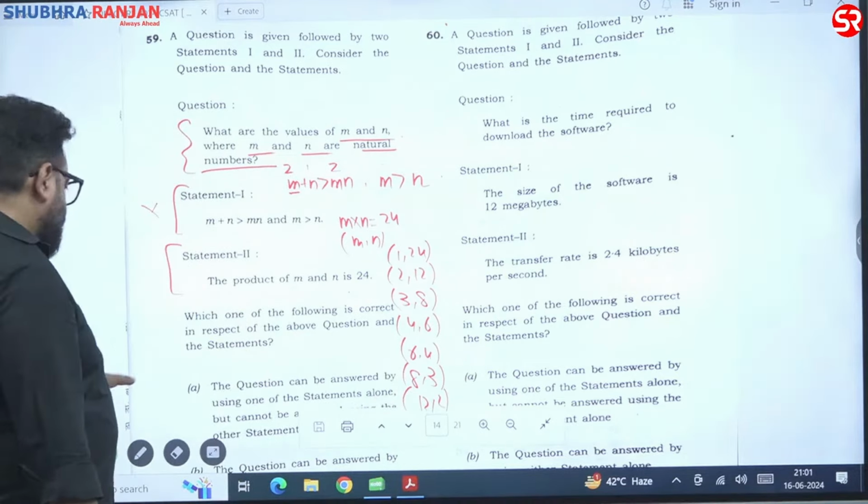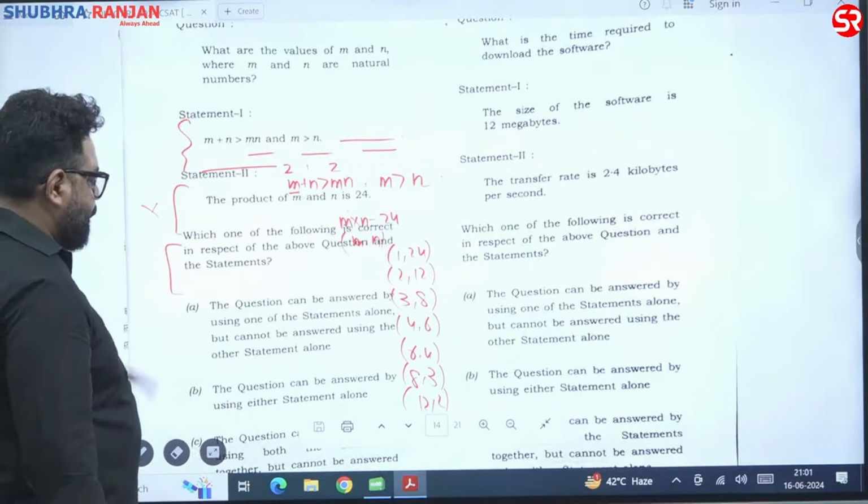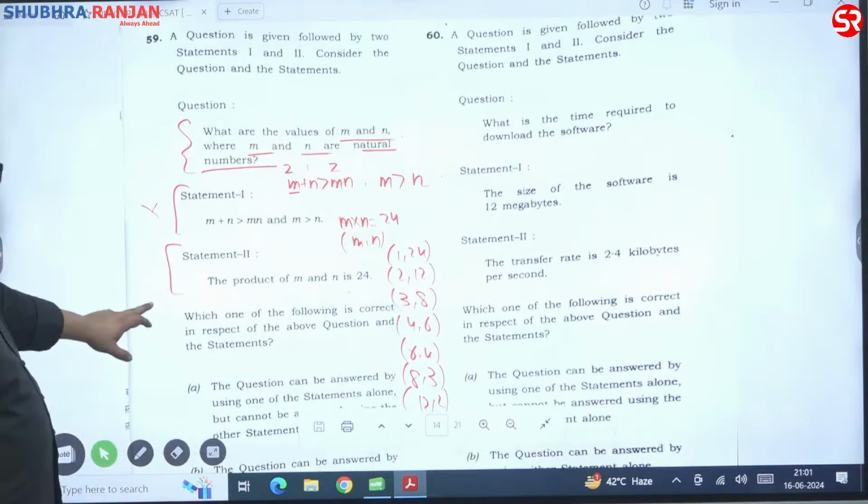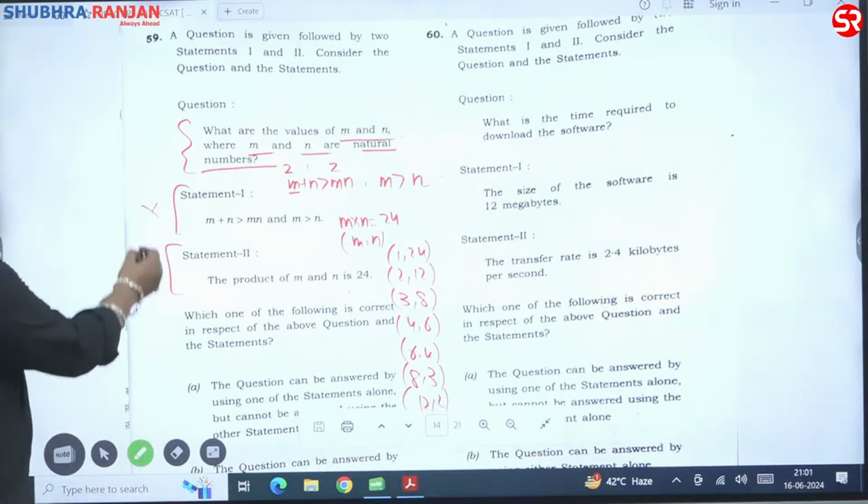But that doesn't mean we are able to solve the question with statement 2 alone, because we need a unique solution.